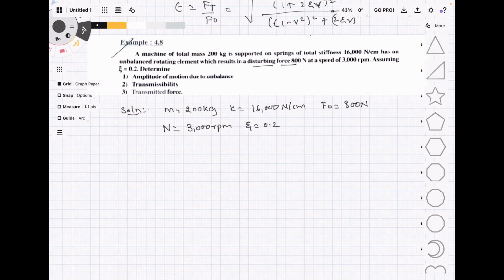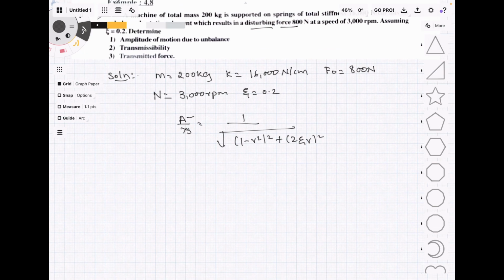We have the general formula A upon xs, which is given as 1 upon square root of, because of the forcing function, (1 minus r square) the whole square plus (2 zeta r) the whole square. This is the amplitude which we need to find out.